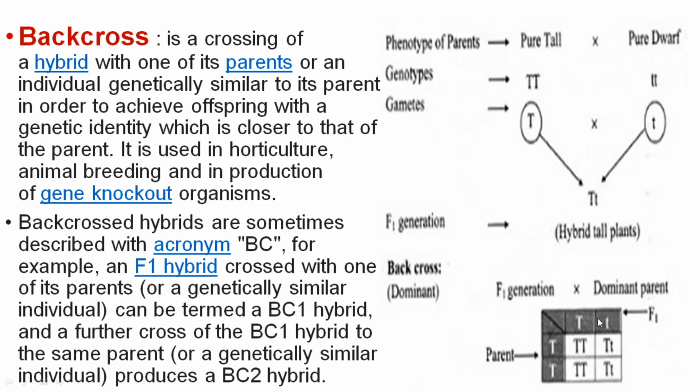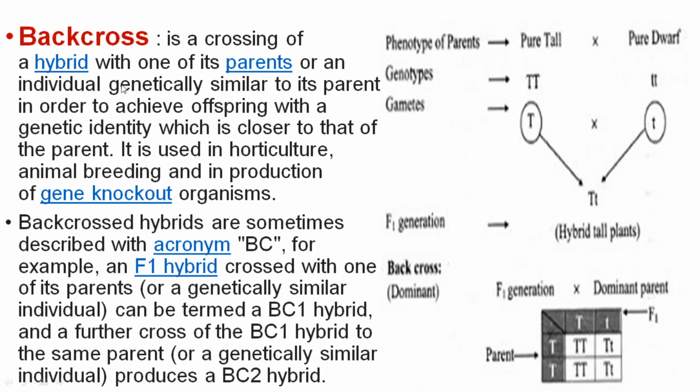Hetero, this is heterozygous, means different alleles. When these are crossed, we get all tall plants. But when we see the genetic ratio, that means the difference in the alleles, that is capital T small t, capital T small t. Here we are seeing two different types of genotypes: capital T, capital T is one and capital T, small t is one.